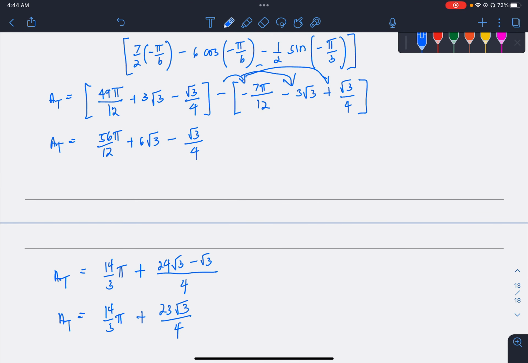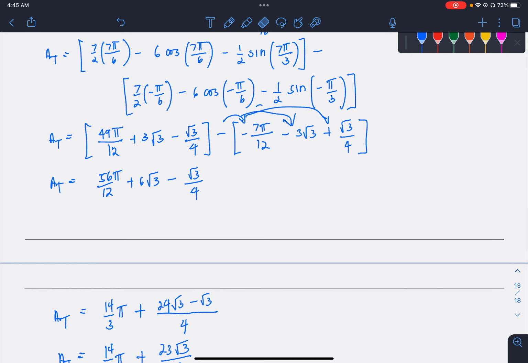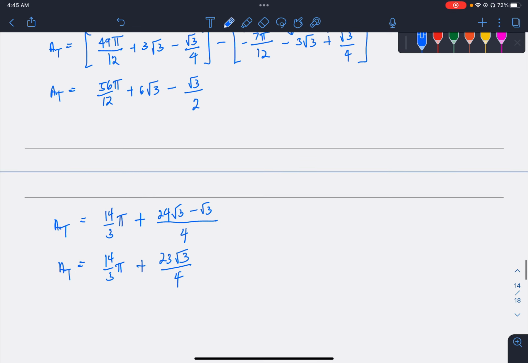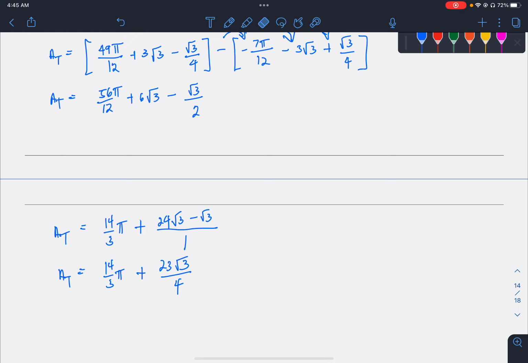Oh, I see. So this should be the square root of 4, so it should be 2. Okay, so square root of 3 all over 2. Okay, so that's what makes it wrong.